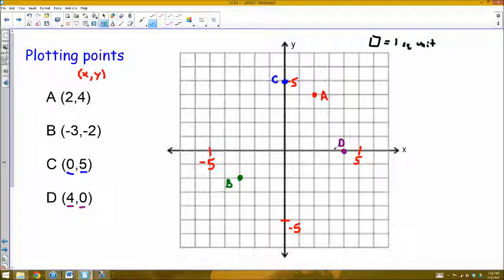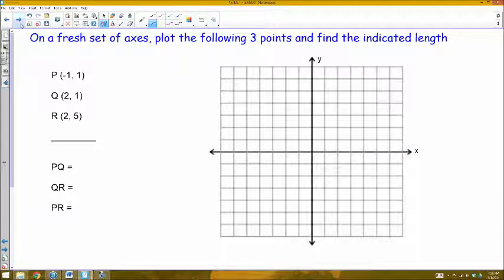So now that we've reminded ourselves how we plot points in a coordinate plane, let's see how we can actually calculate the distances between a set of given points. So on a fresh set of axes, let's plot the points P, Q, and R. I'm going to use the same scale, which is 1 box is 1 square unit, so that each of these line marks is 1 unit.